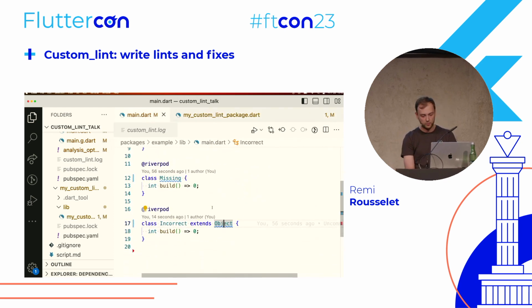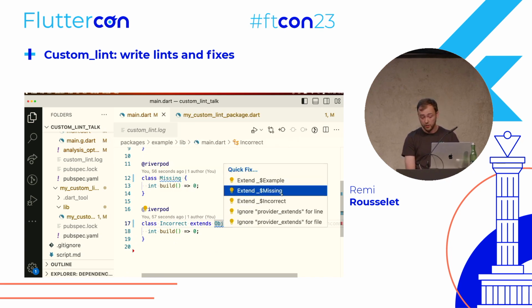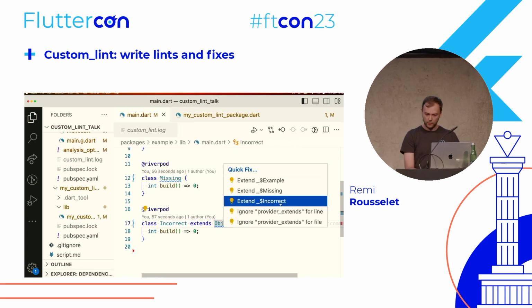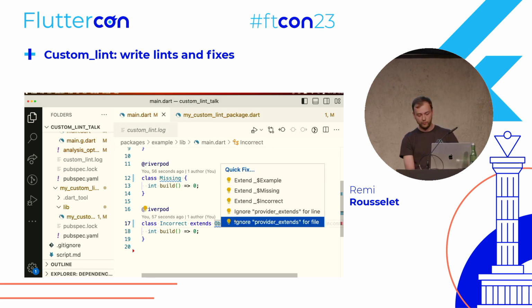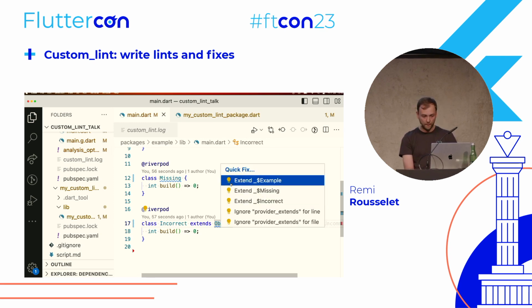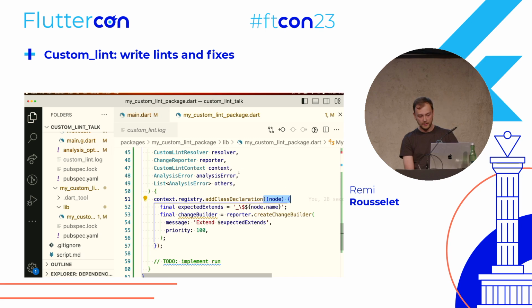So if I go back to my file and I click on it here again, we see a bunch of stuff. But for some reason, we seem to see too many quick fixes. We seem to see one quick fix for every class in the file, which is undesired. We should only see the quick fix for what's under the cursor at the moment. That's because we need one extra step. We need to verify that the class here is actually the class under the cursor, the one we are trying to fix.